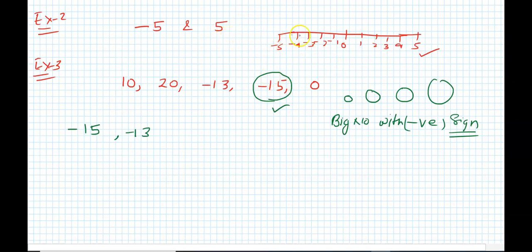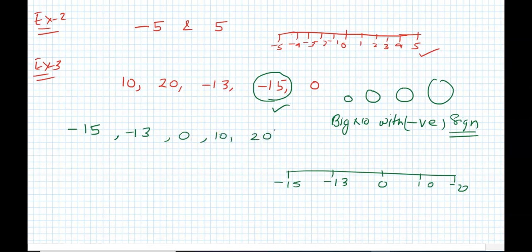If you draw a number line, here will be minus 15, here minus 13, then you go up to 0, then 10 and then 20. So minus 15, minus 13, 0, 10 and 20. In this way, we are learning ordering of negative and positive numbers both in one go.